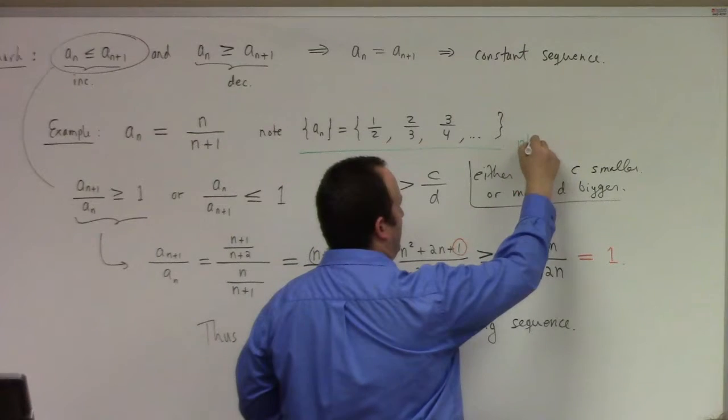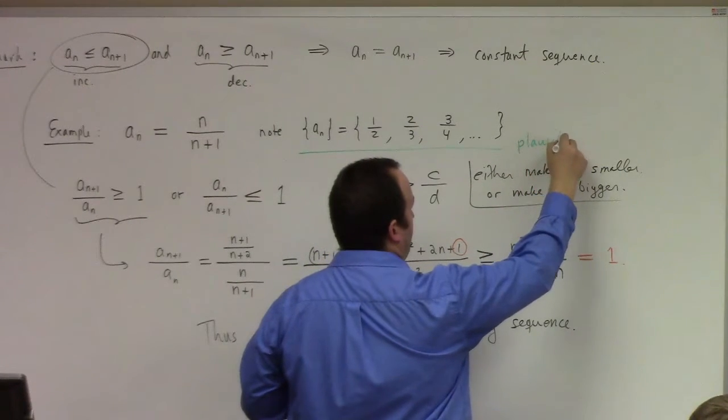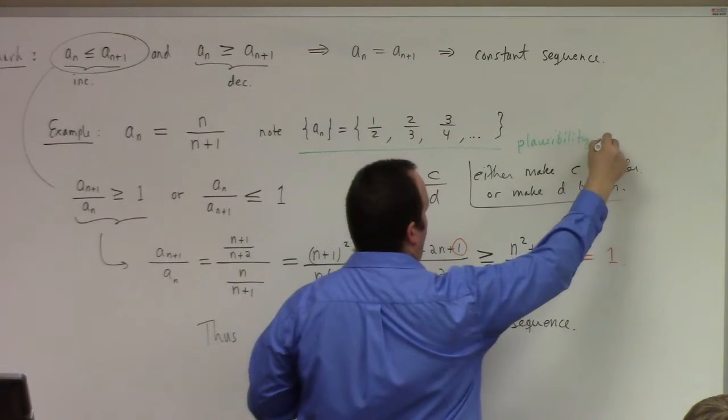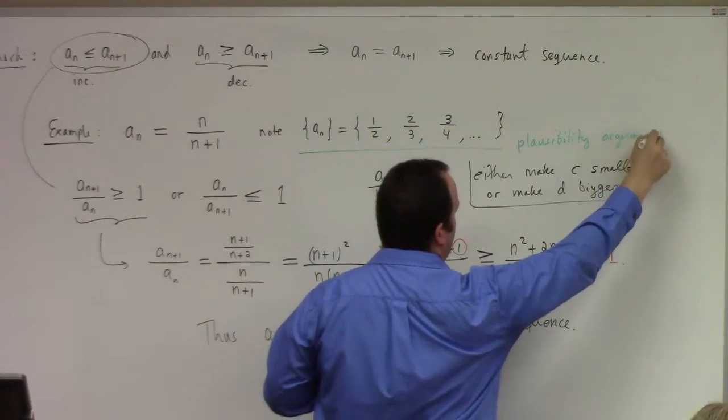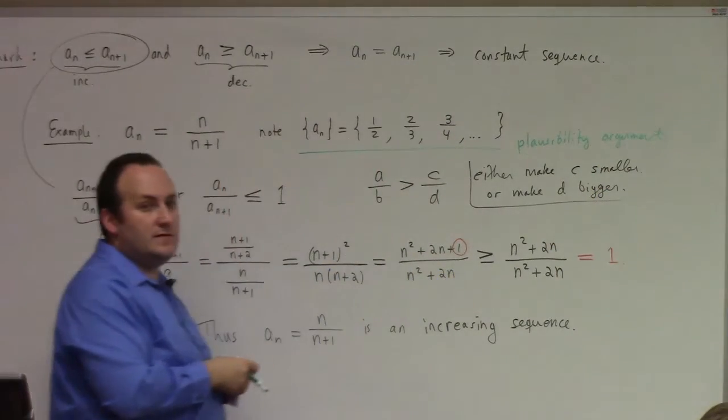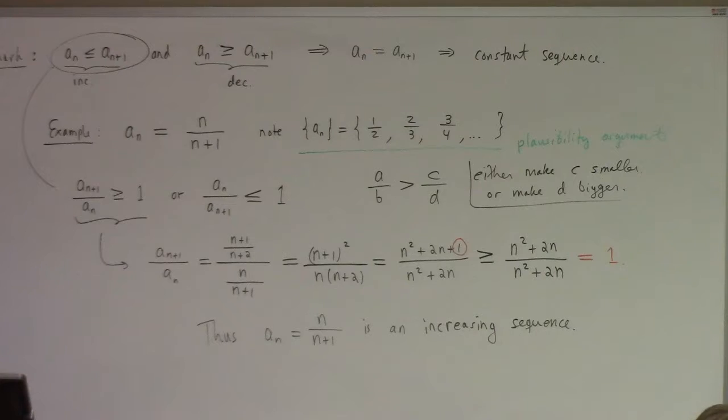It basically gives me a plausibility argument. So we can oftentimes argue for something being plausible just by giving numerical evidence, but proof has to be given in terms of specific mathematical step-by-step stuff.